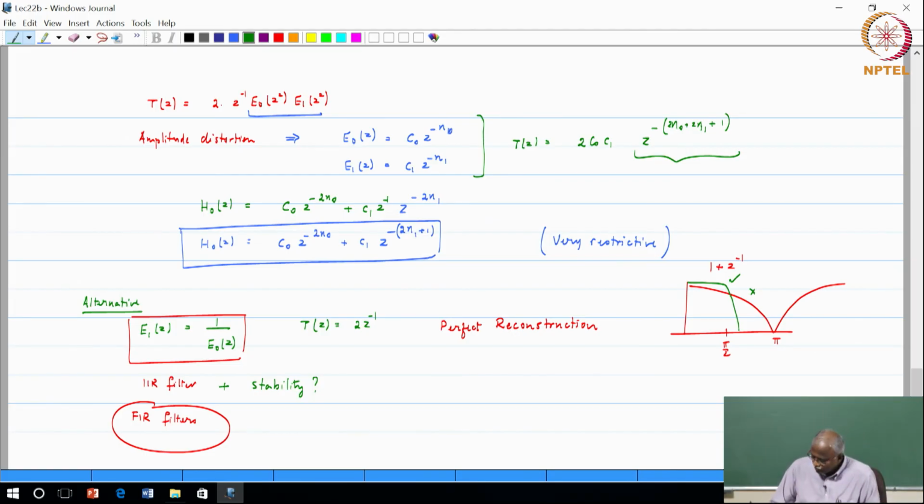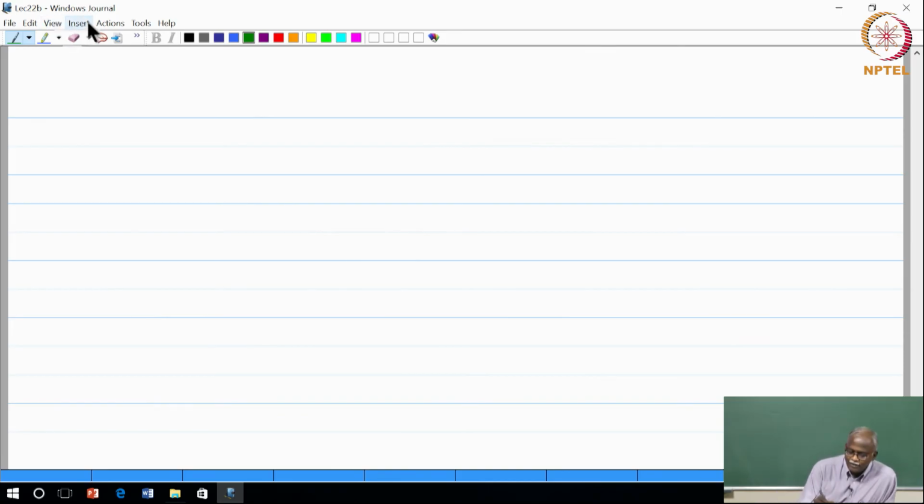Okay. So, now as I mentioned in the last class, we will go back and look at the transfer function. T of z is equal to 1/2 of H0 of z F0 of z plus H1 of z F1 of z.